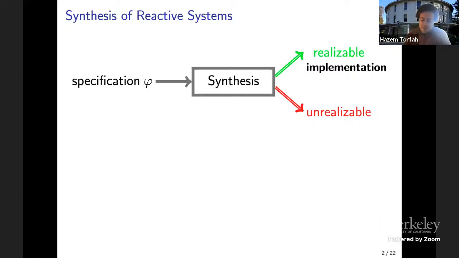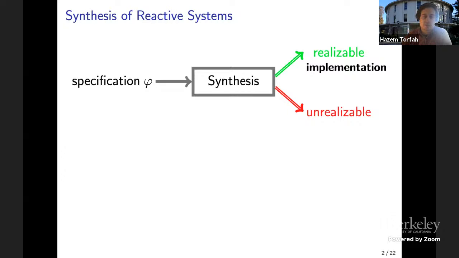But this particularly means that the task of the developer is shifting from implementing a system to providing and designing specifications for that system, which is in itself a difficult task. So users have to make sure that their specifications are right, and that in fact there is an implementation that satisfies these specifications.